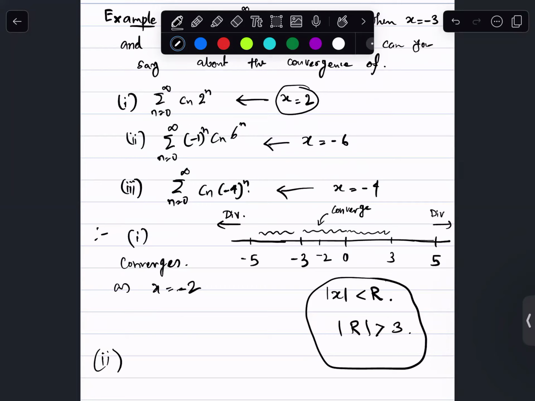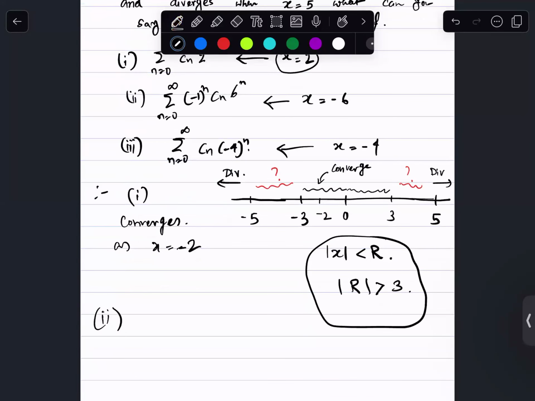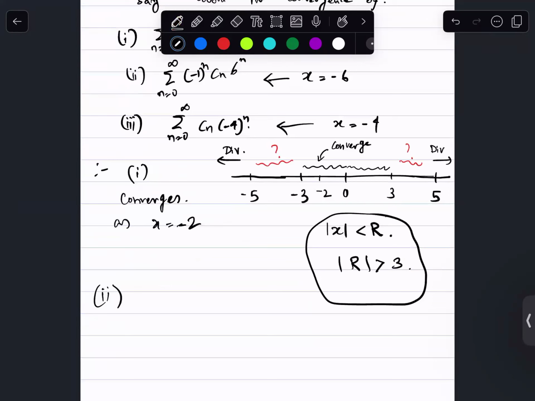I don't know what happens in this small range in between; I do not have any information about convergence or divergence inside that. So when I take x to be -6, the series diverges, as x equal to -6 is outside of the interval of convergence.